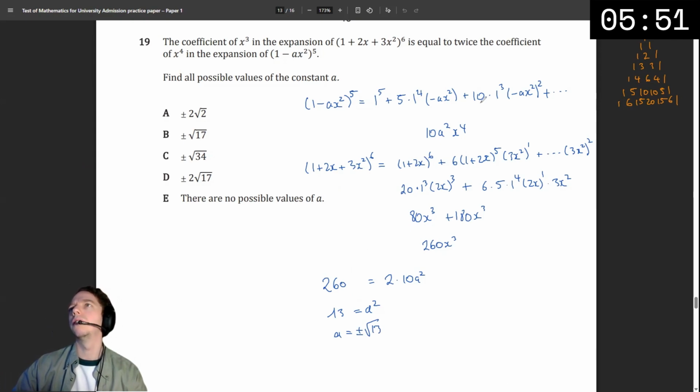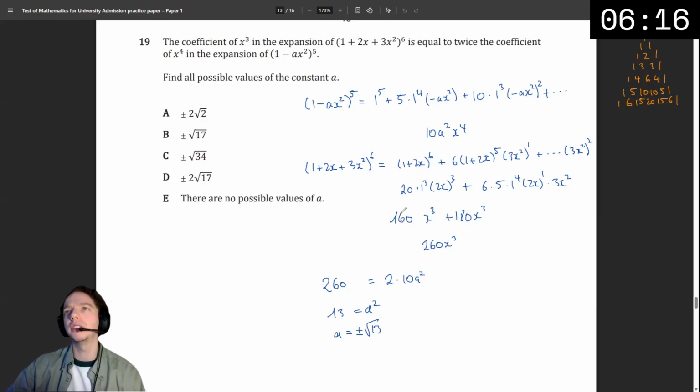Okay, I mean, this seems pretty normal. Surely I made a mistake here. Coefficient of x cubed. Yeah, what am I doing? See, always these silly calculation mistakes.